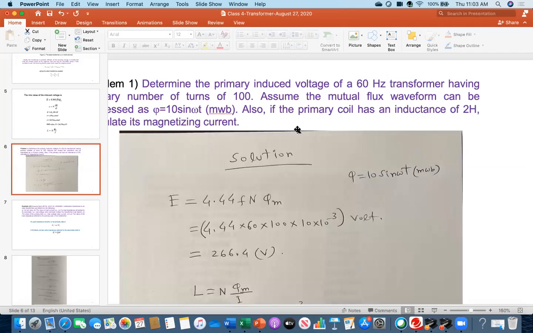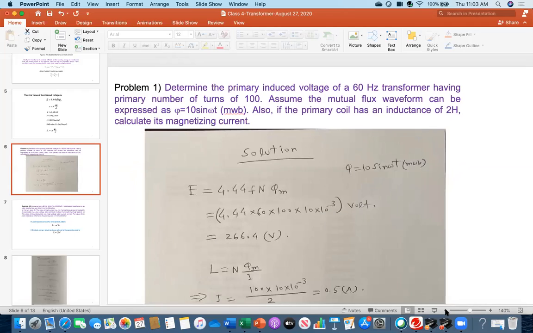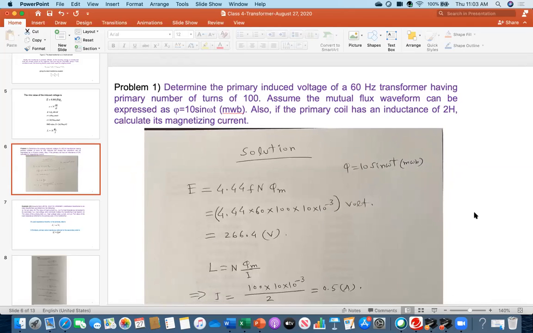And then in the next class, I will be discussing another type of problem, like calculation of efficiency of a transformer. Before that, there are two standard tests, called the short circuit test and the open circuit test. Today we discussed mainly the ideal transformer, but next class we will be discussing the real transformer.